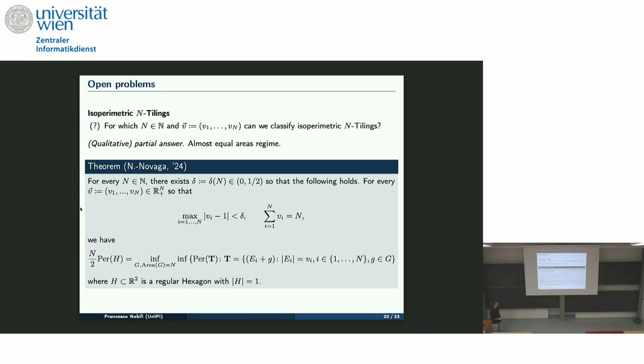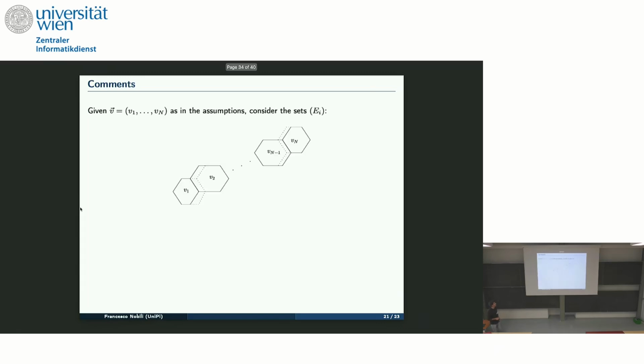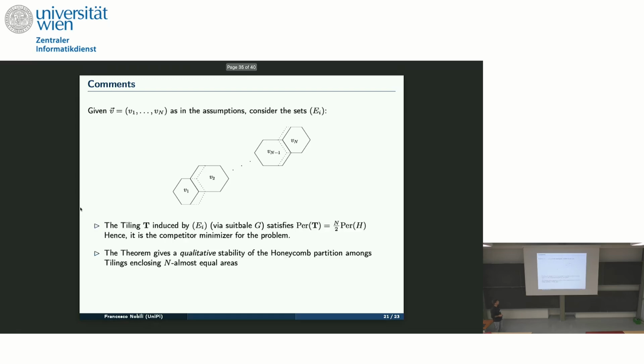And there is a good reason why this should be the cost, because this structure now, it's a competitor. So you take n stacked regular hexagons, and then you start perturbing the flat sharing edges, and this to match area. And perimeter is not changing. So you should think that this is a good candidate minimizer, or at least the good cost.